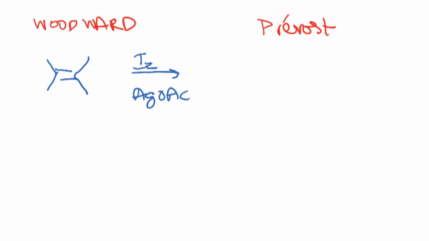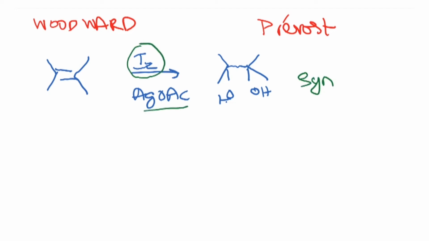Okay, and this is followed by hydrolysis reaction, but the important difference here is the silver acetate that was used, and he actually ended up getting the alcohol, which is syn diol. Okay, so this is called the Woodward modification to the Prevost reaction, or also called the Woodward reaction, right? So when you use iodine in the presence of silver acetate, the product followed by subsequent hydrolysis, the product that you get is actually syn diol, right?